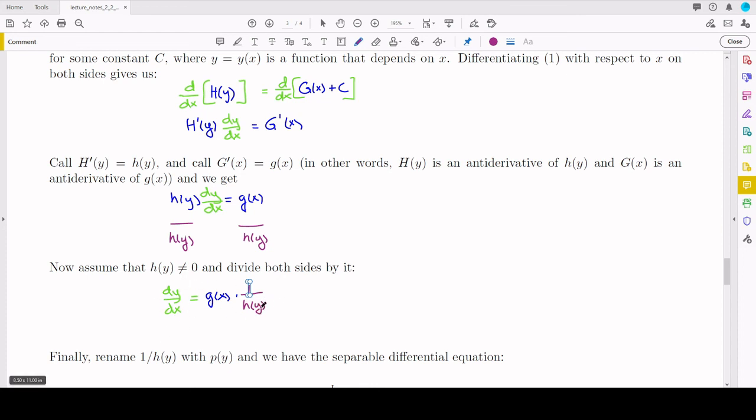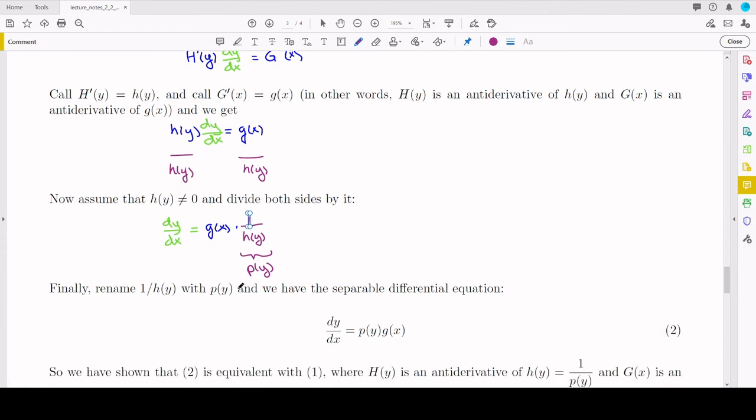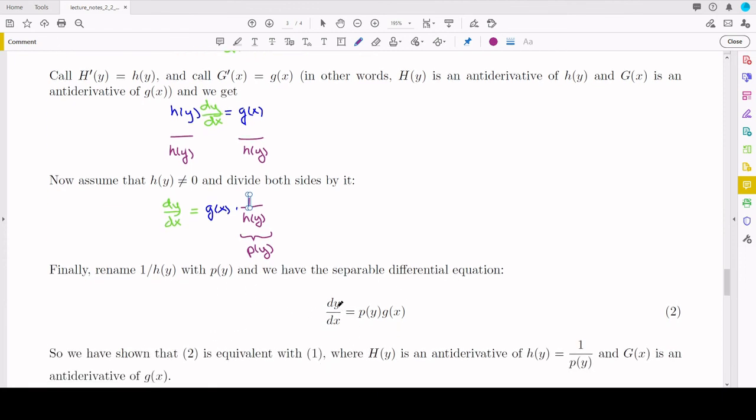And notice that I now have a separable differential equation, and I can call 1 over h of y p of y. So I'm going to rename 1 over h of y with p of y, and my separable differential equation is dy/dx equals p of y times g of x.